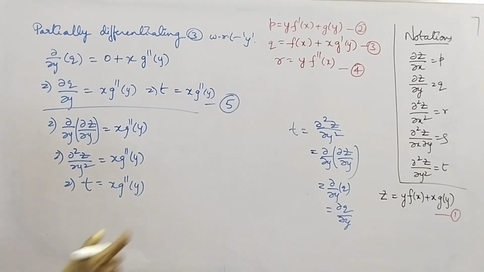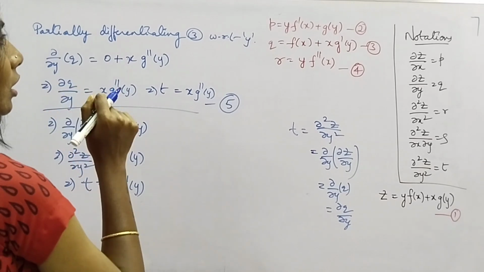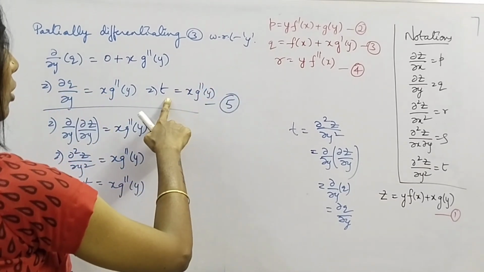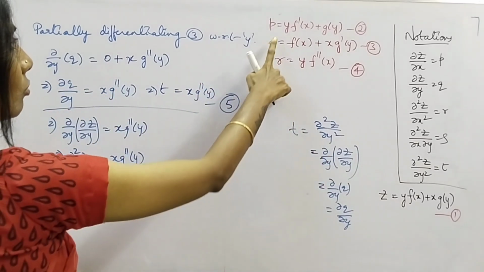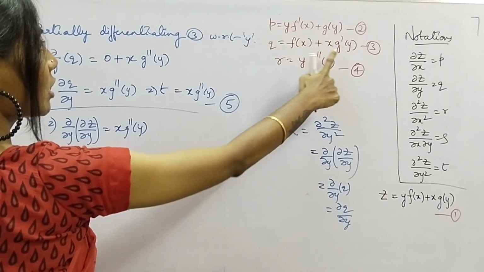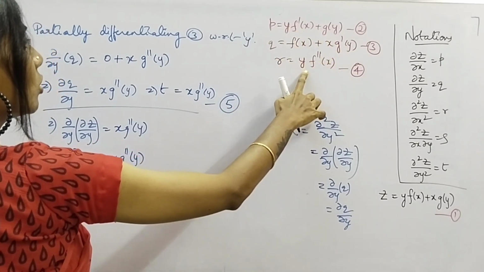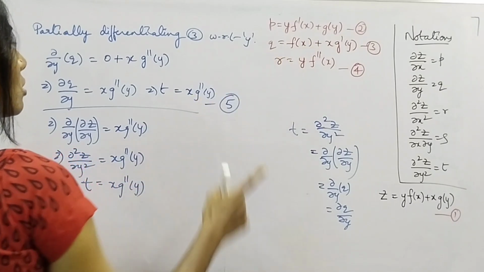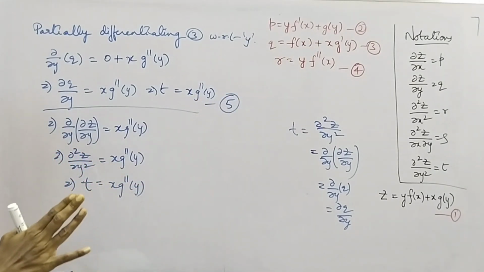Let's now find s. Now observe p, q and r and t, and also z. We have p equal to y into f'(x), z equal to f(x) plus x into g(y)... q equal to f(x) plus x into g', r equal to y into f'', and t equal to x into g''.